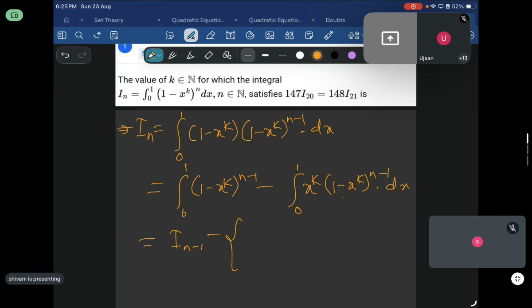Differentiate. So differentiate. Okay, let us integrate x to the power k.